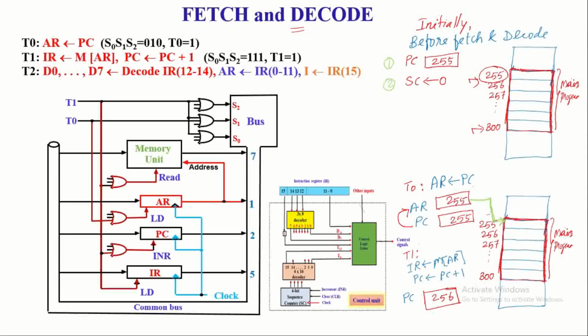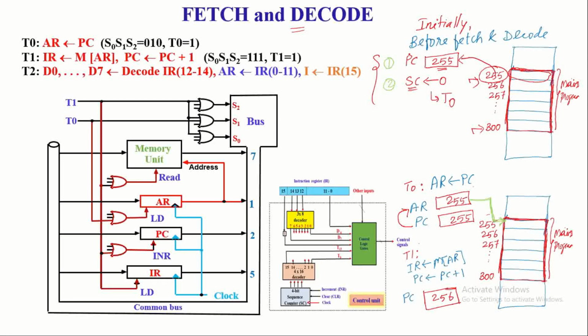Before starting the instruction cycle of the first instruction, a few initializations need to be done. What are those initializations? The program counter must be loaded with the address of the first instruction in the memory, and the sequence counter needs to be cleared. The sequence counter needs to be cleared in order to generate timing signal T0 in the next clock cycle.